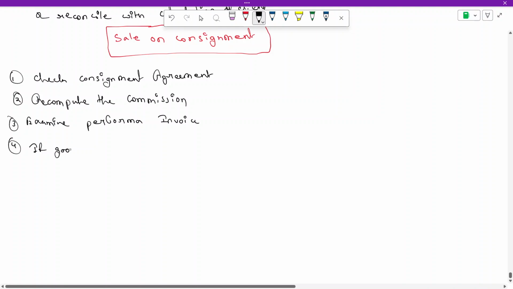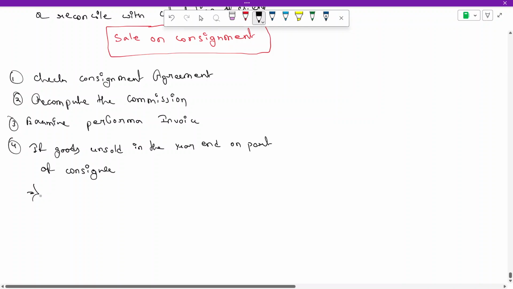If goods are unsold at the year end on part of the consignee, they should be counted in the stock of the consignor. You already studied the consignment account in Foundation.